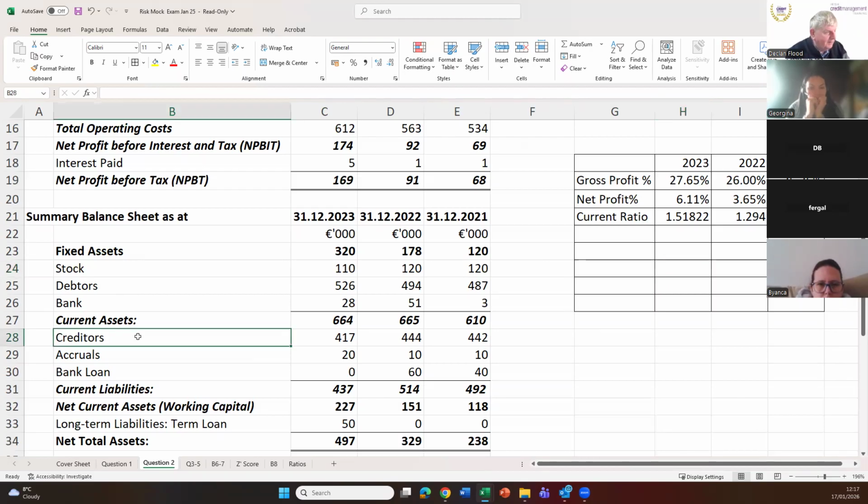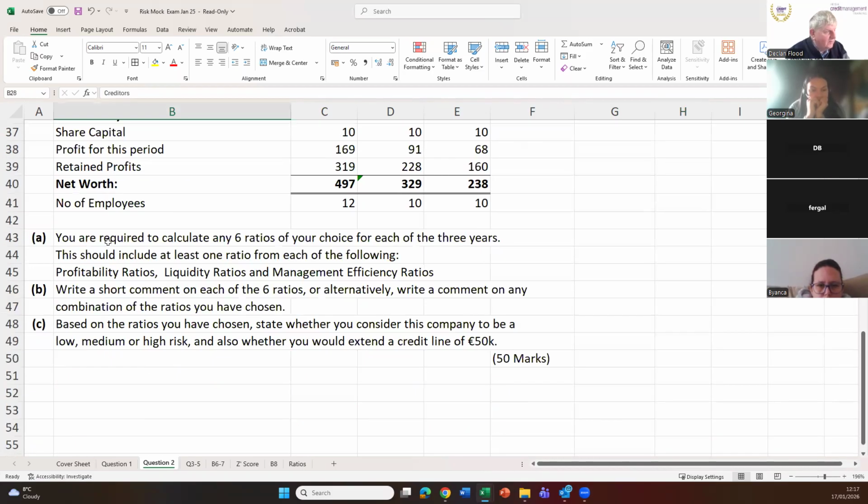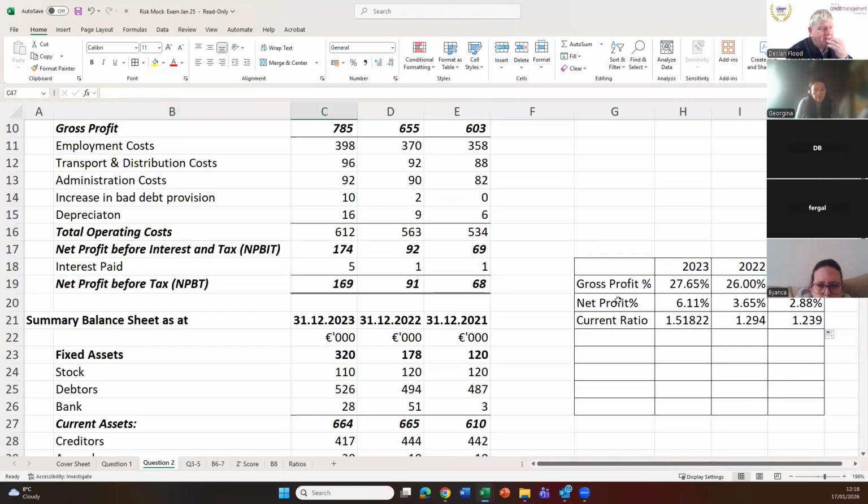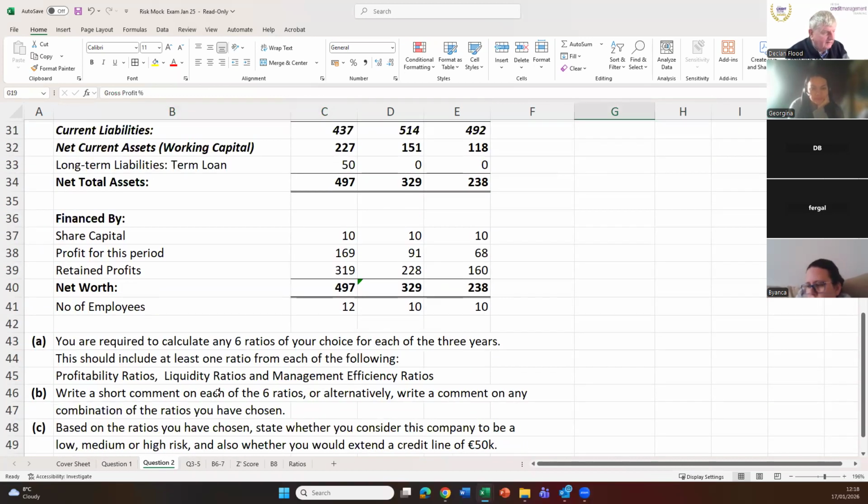So in the second part where you have to comment, so calculate. Part A is just the sums, and then write a short comment on each of the six ratios, or write a comment on any combination of the ratios you've chosen. So what I'm expecting you to do, and how you do it: it just says write a comment, a short comment.